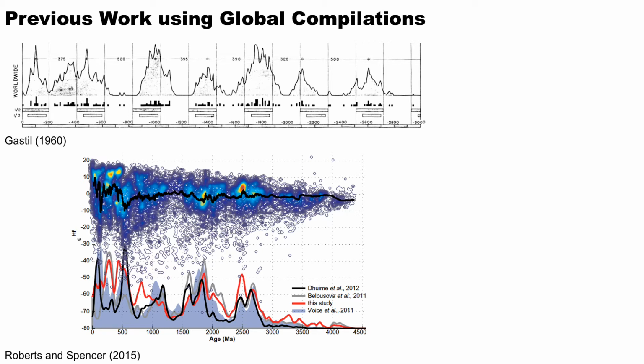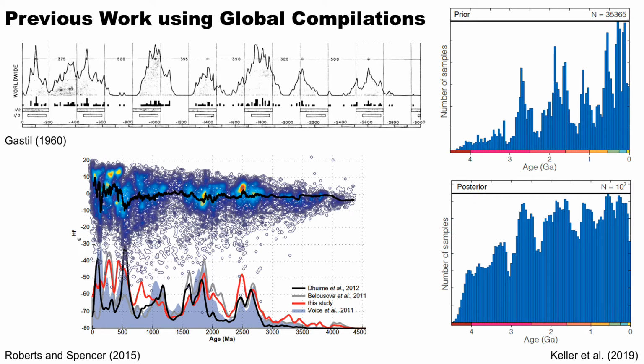And the latter highlights a common way researchers have attempted to simplify the complex data densities shown in this plot by calculating some running average, often to make some interpretation of a global Earth process.